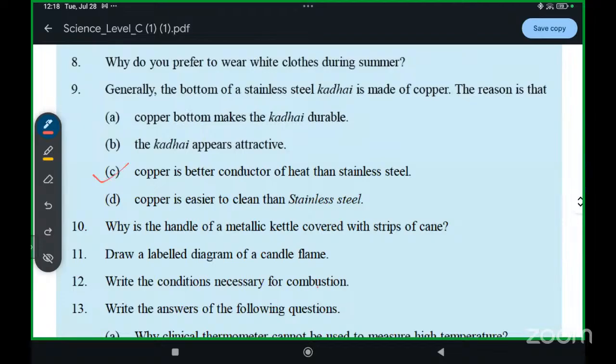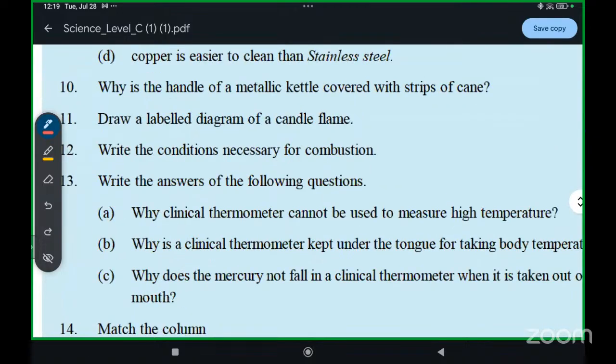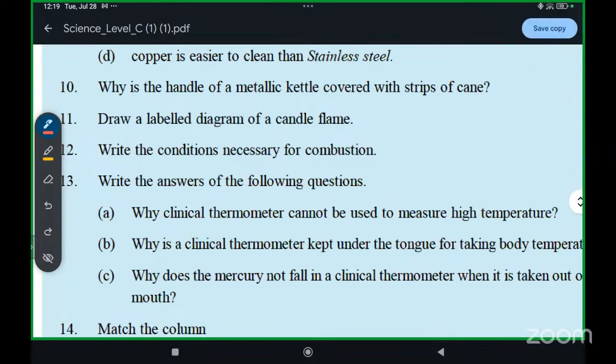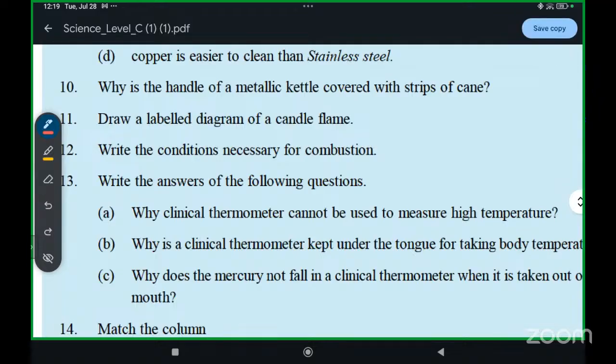Why is the handle of a metallic kettle covered with stripes of cane? Eva, the 10th question. So that the heat does not come up. Yes, so that the heat does not heat up the handle and we are able to hold it easily.